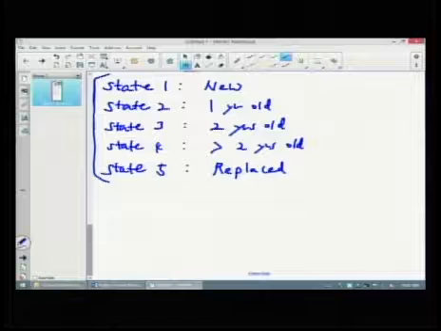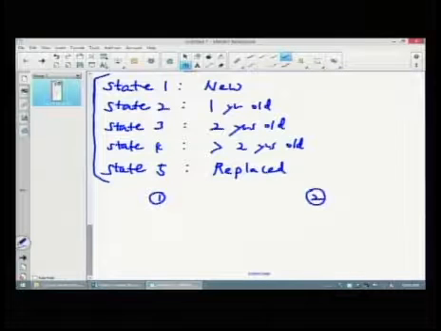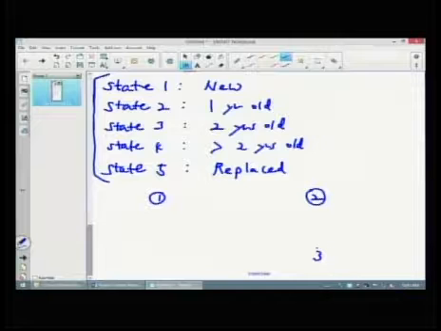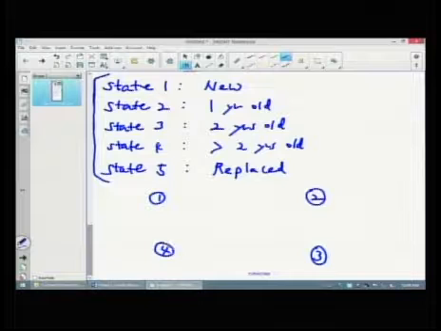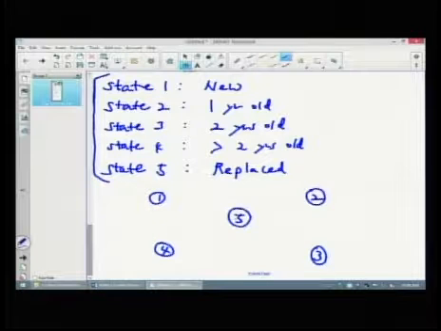So we have state number 1, and then 2, and then 3, 4, and then let's put state number 5 in the center.